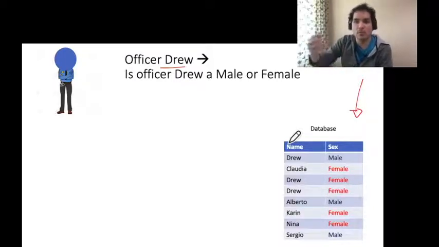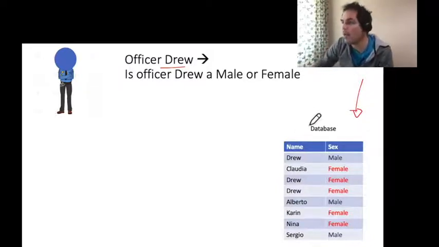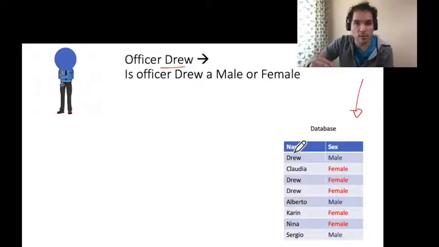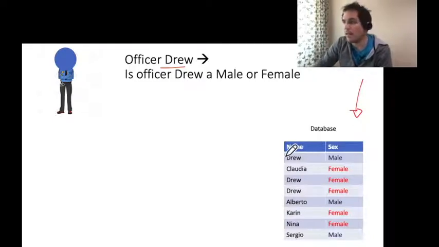Based on that information, I want to predict if it's a male or a female. We collected the database of Garda officers in Ireland, and we know, for example, that this person called Drew is a male, Claudia is a female, Drew is a female, Drew is a female. So we have both alternatives.